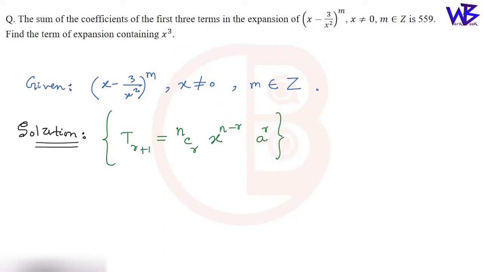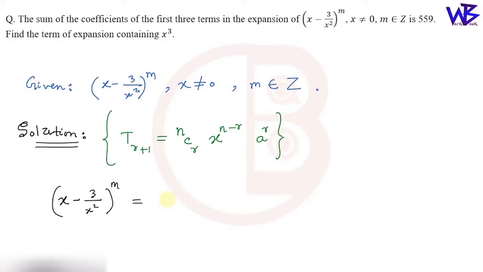Now the expression which we have in the question is (x minus 3 upon x square) whole to the power m. This is of the form (x minus a) whole raised to the power n. We can solve this in this form also, but converting it to the form (x plus a) whole raised to the power n will make our task a bit easier.